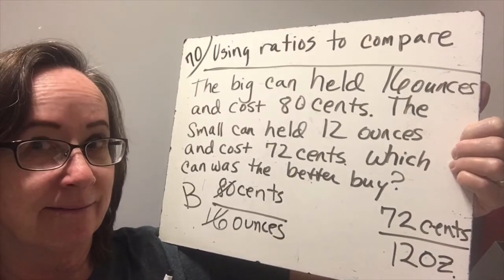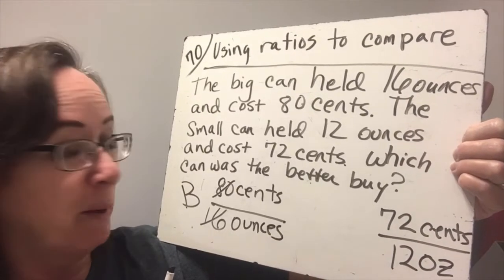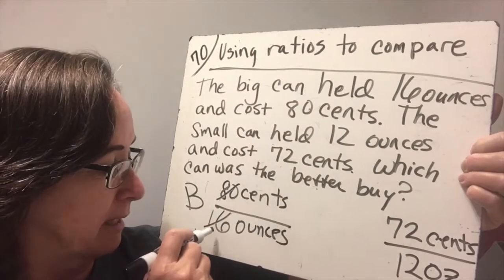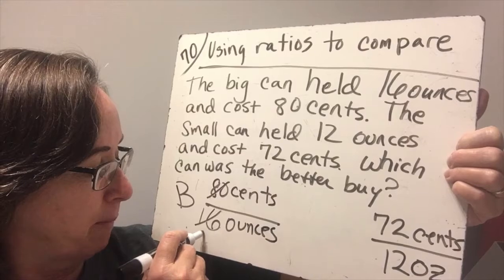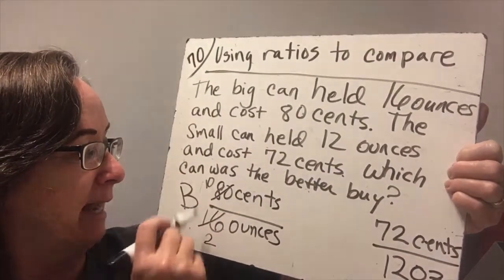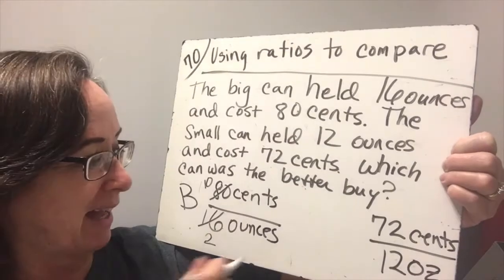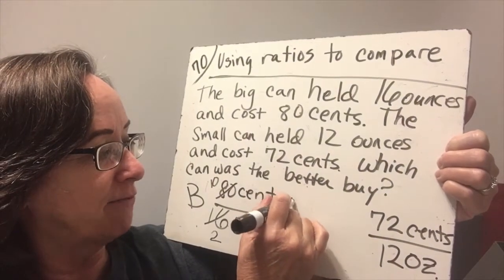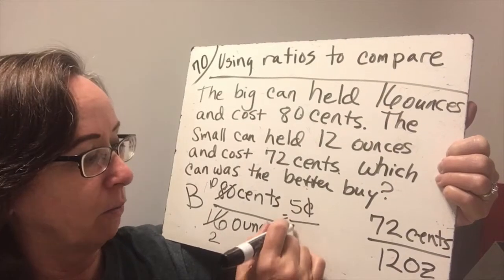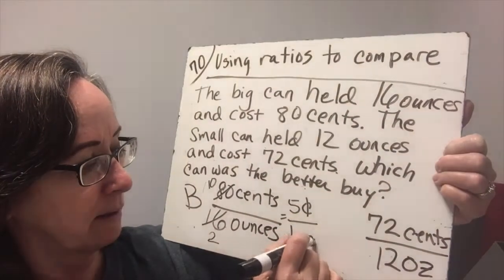You'll get to know it better as you work more and more with math, but let's go ahead and do it the little bit slower way. 16 divided by 8, 80 divided by 8, and then 10 divided by 2 is 5, isn't it? So this is 5 cents per 1 ounce.